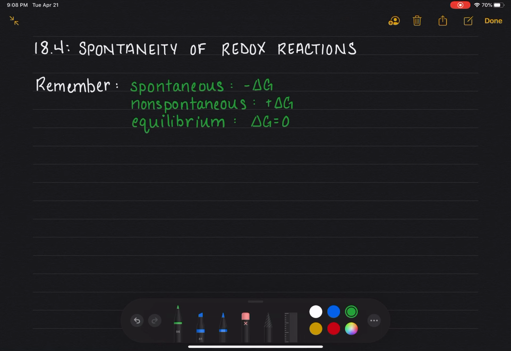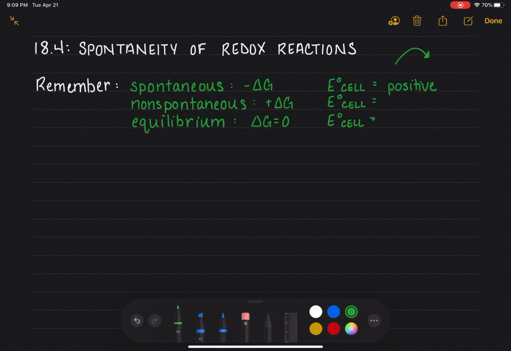So we also have some values of E cell that correspond to spontaneous and non-spontaneous. We haven't talked about this yet, but you can probably make some guesses about the value of E cell at these different conditions. For a spontaneous reaction happening the way that it's supposed to happen all on its own, with electrons moving spontaneously from one side of the cell to the other, E cell is always going to be positive.